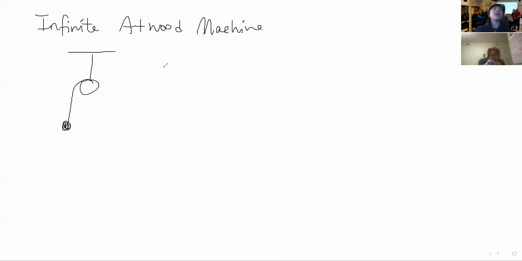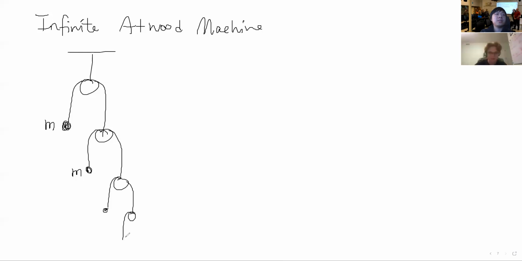The infinite Atwood machine, as you might guess, consists of a mass and then another Atwood machine with a mass and another Atwood machine, right? And then this process tends to infinity, so this goes all the way on.